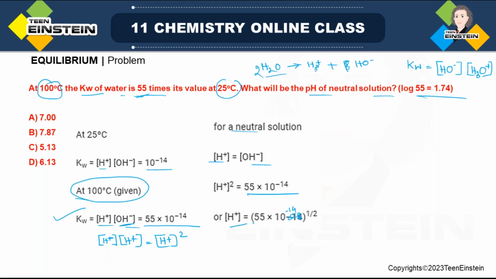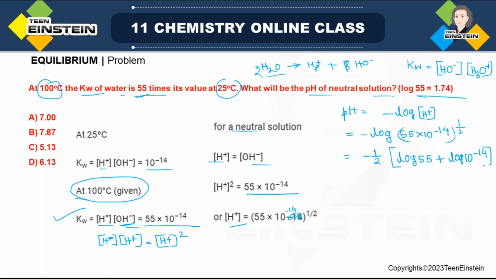We have already reached our answer because we got H+. Next, very simple, pH is the negative logarithm of H+, and the H+ concentration we have here is 55 multiplied by 10 to the power minus 14, to the power half. So the half will come before the log. It will be log 55 plus log 10 to the power minus 14.